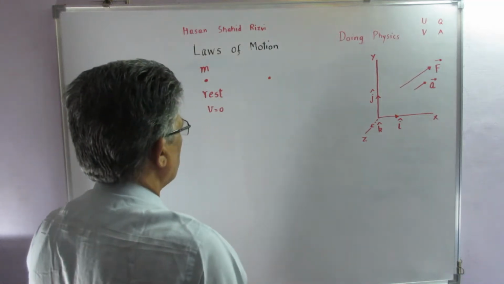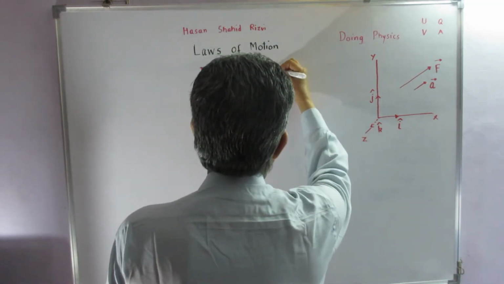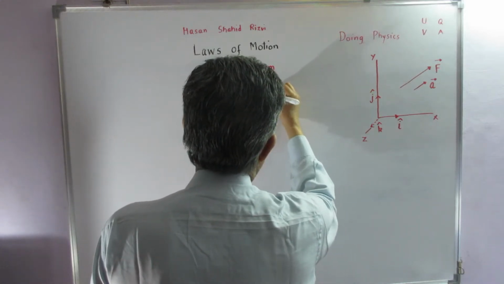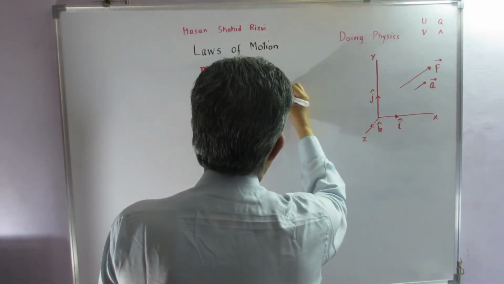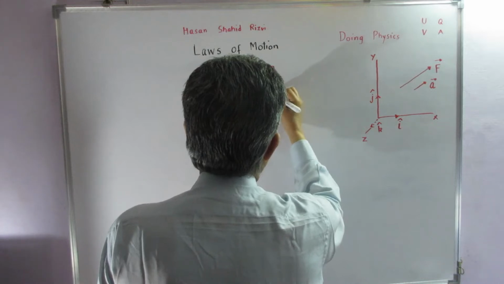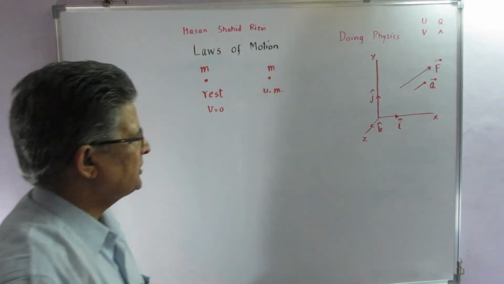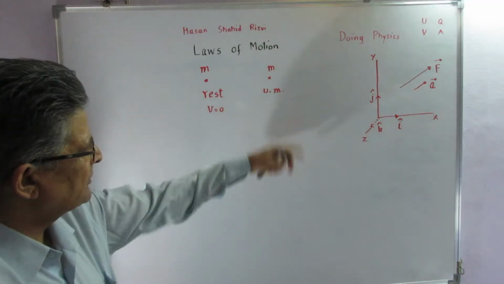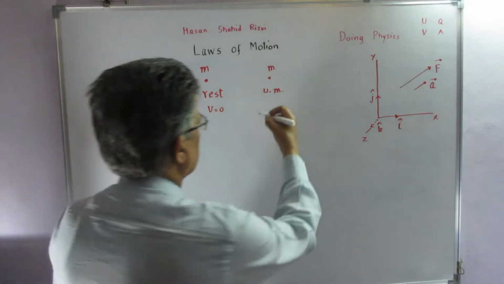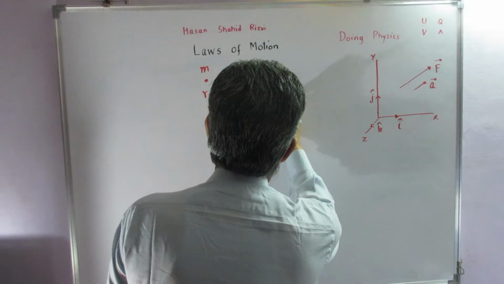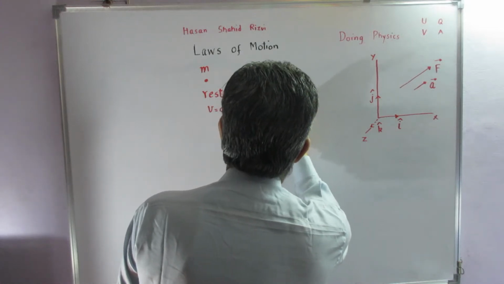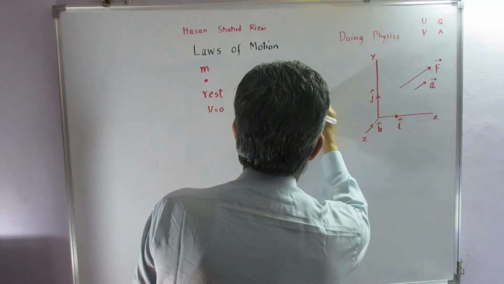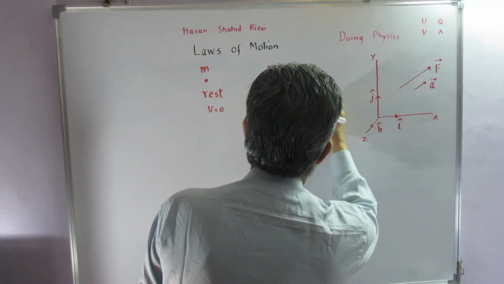This is the position of rest, and the position of uniform motion is without a change in the direction and without a change in the speed of the object. In uniform motion, the velocity is not equal to 0; it is a constant and does not vary.